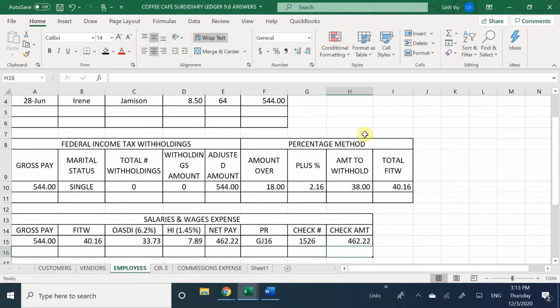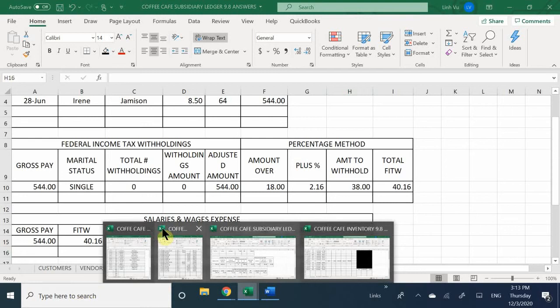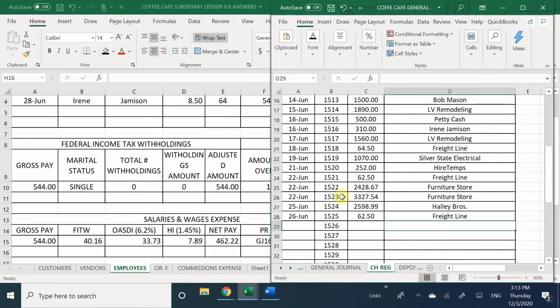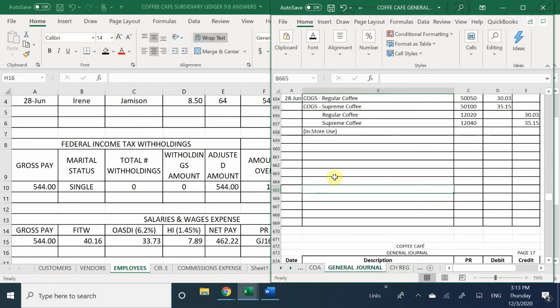Now let's journalize this first, and then we'll calculate the company's responsibilities for having an employee. First things first, we're going to recognize her payment.